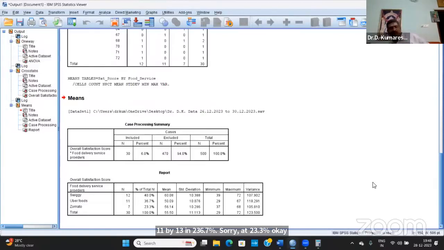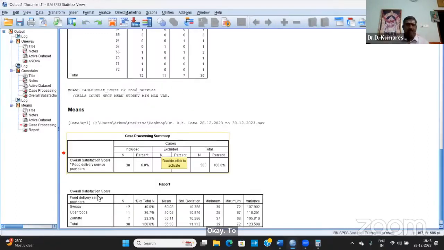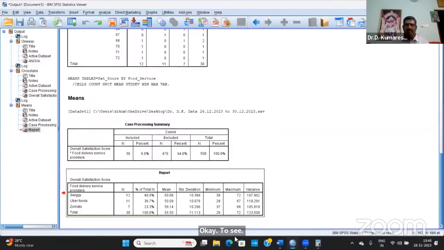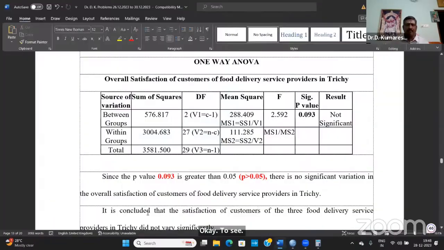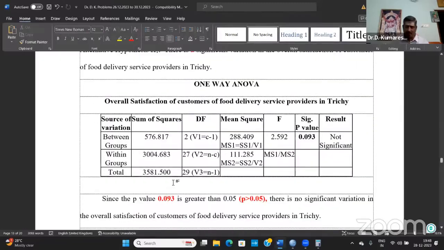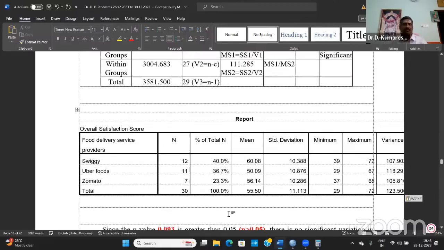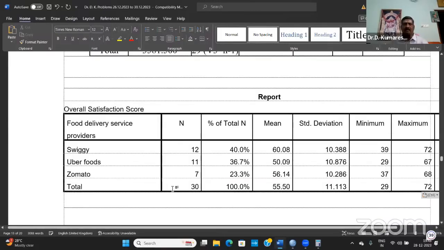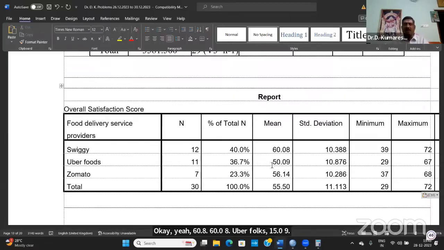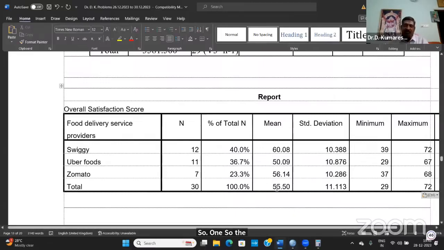Now what is the mean score? Look at here. Swiggy, 60.08. Uber Foods, 50.09. Zomato, 56.14. So the overall mean is 55.50.